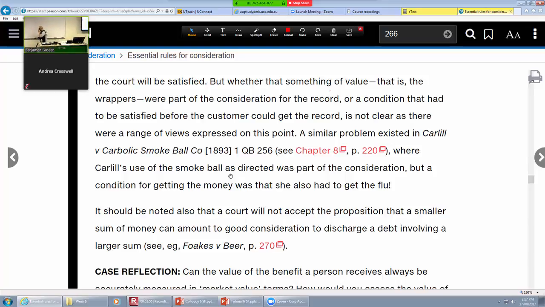Okay? So there, before you actually get this exchange of promises, there's a condition precedent, which means that you have to get the flu and you have used this ball as directed, and then you contract the flu, and that condition kicks in those promises where you can actually claim compensation.